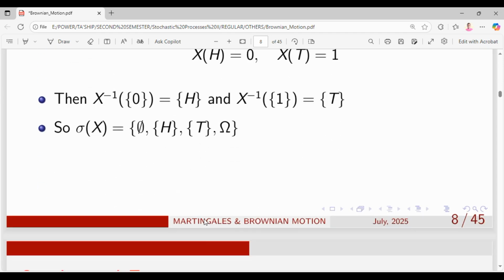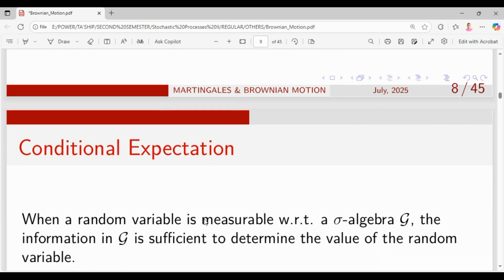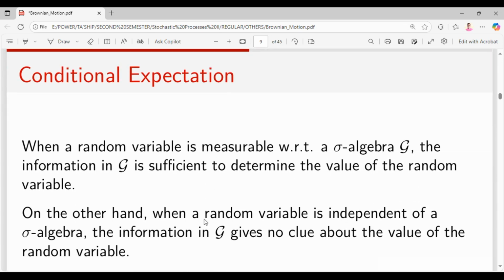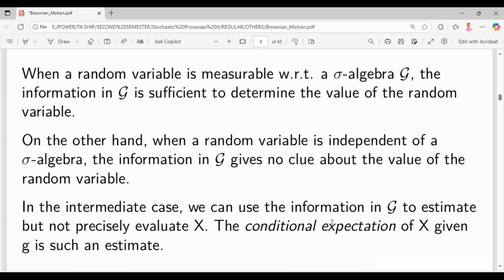Great. So let's leave this one and move to conditional expectation. So we are saying that when a random variable is measurable with respect to a sigma algebra G, then the information in G is sufficient to determine the value of the random variable, like I said. On the other hand, when a random variable is independent of a sigma algebra, then the information in G gives no clue about the value of the random variable.